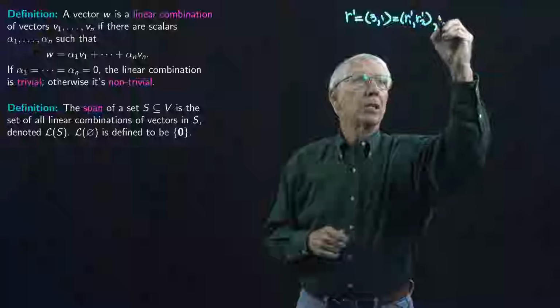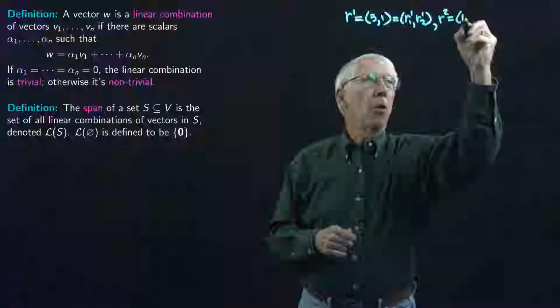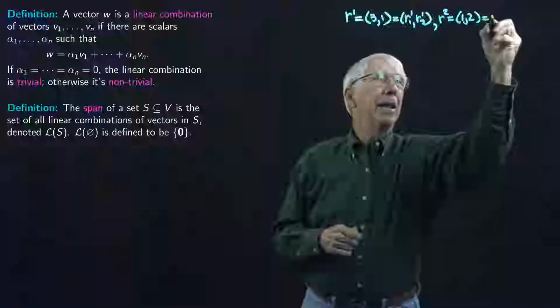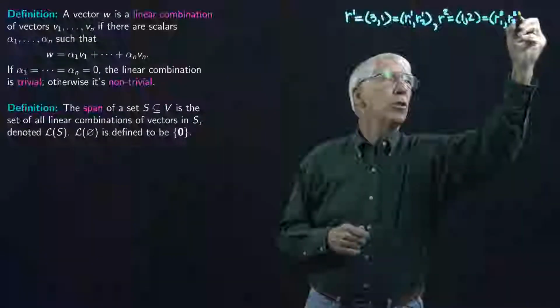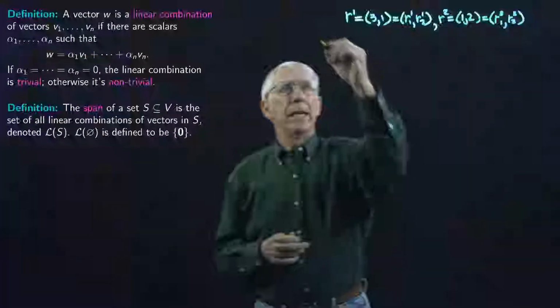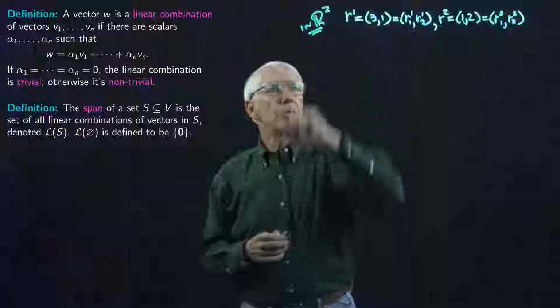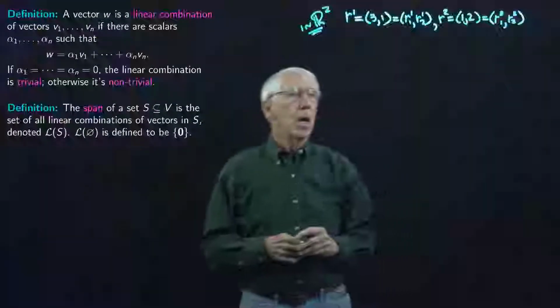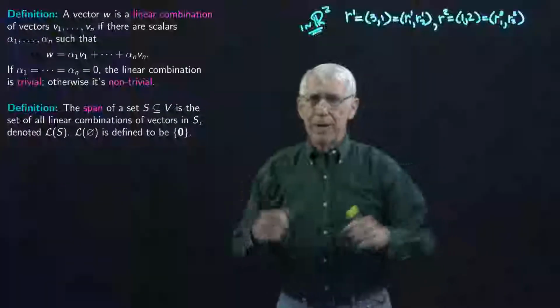And so let's let R2 be the vector 1, 2, and again, that would be R2,1 and R2,2. And of course, all of this is occurring in R2. So that is a couple of vectors.